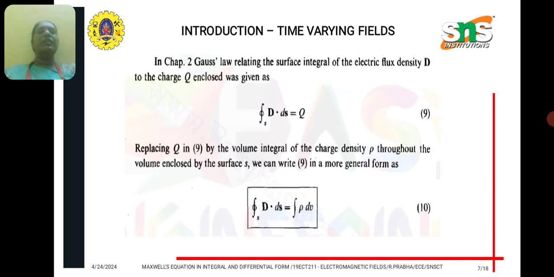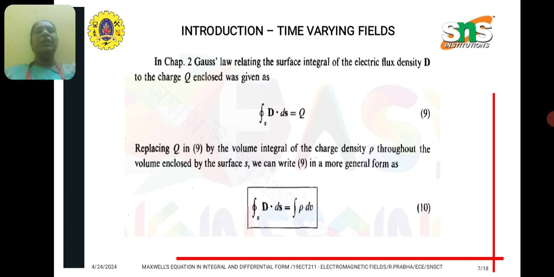According to Gauss law, the total displacement, that is the flux density, is equal to the total charge enclosed, that is, the surface integral of D dot dS equals Q. But we know that the charge Q is the integral of charge density. So we can write the right hand side as the integral of rho dv.